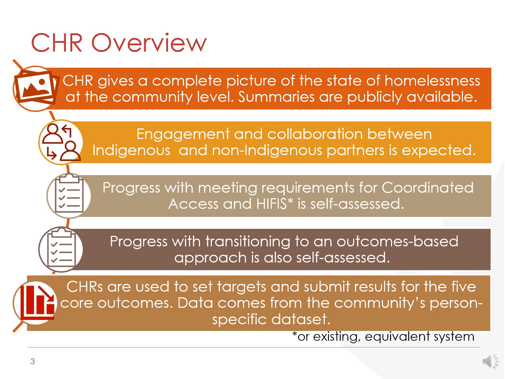More specifically, through the CHR, communities self-assess their progress with Reaching Home implementation as outlined in the Reaching Home directives, including integrated community-level governance, meaningful collaboration between Indigenous and non-Indigenous partners, encouraging broad participation and partnerships, coordinating service delivery, or in other words, coordinated access, a homelessness management information system, or HMIS, and maintaining quality person-specific data on homelessness to track progress against reduction targets for the 5 Reaching Home core outcomes.